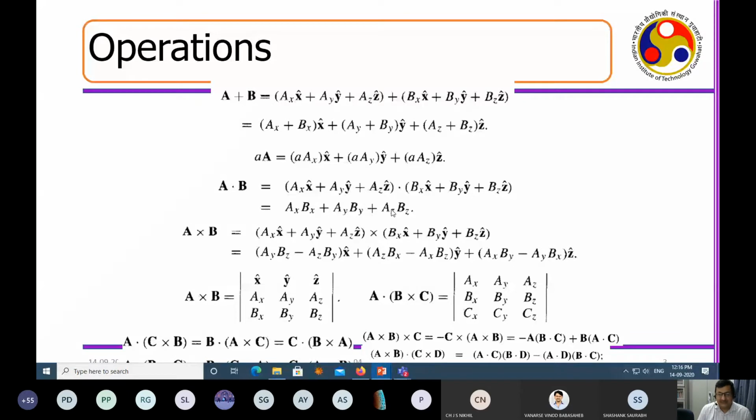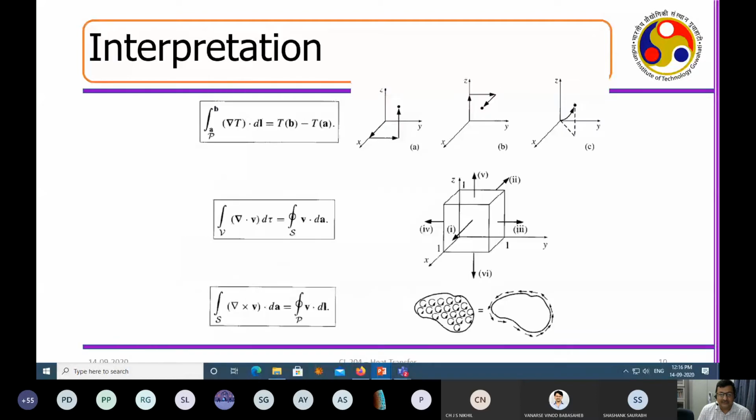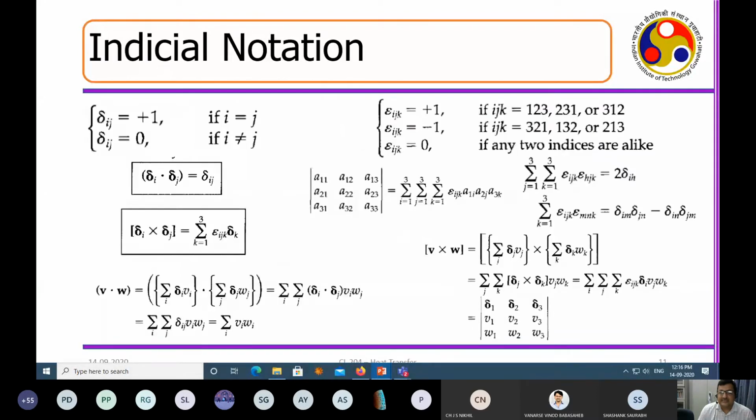So I'm just converting the whole concept into a situation which is called the Kronecker delta, which has been introduced in slide number 11. This is the starting point of all the n-dimensional calculations, which is an extension of whatever you have learned.